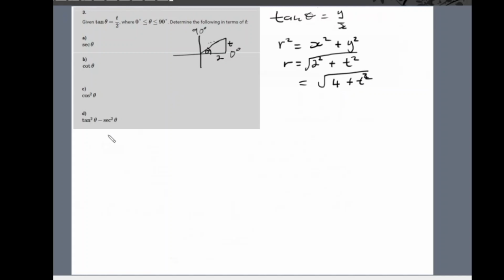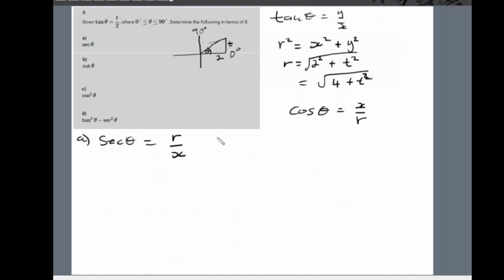So now question A, they want us to calculate sec theta. Remember, sec theta is the reciprocal of cos theta, and with the Cartesian plane we define cos theta as x over r. It means sec theta will be r over x.